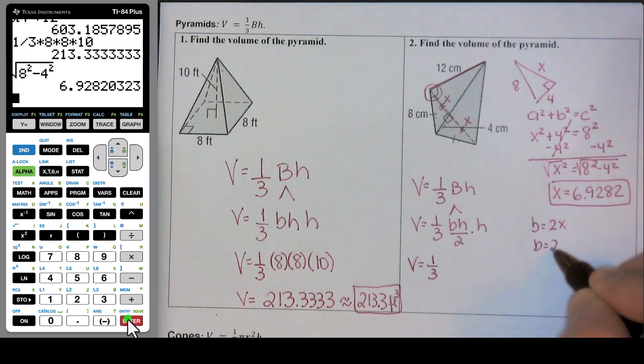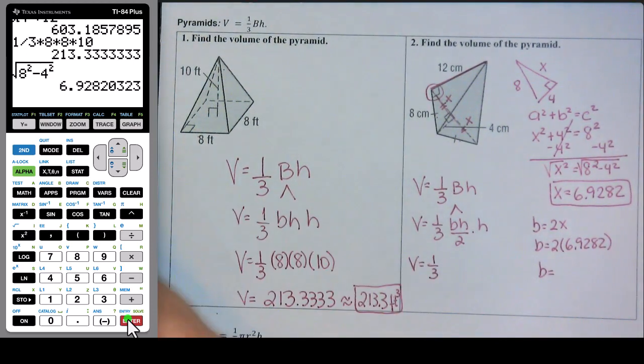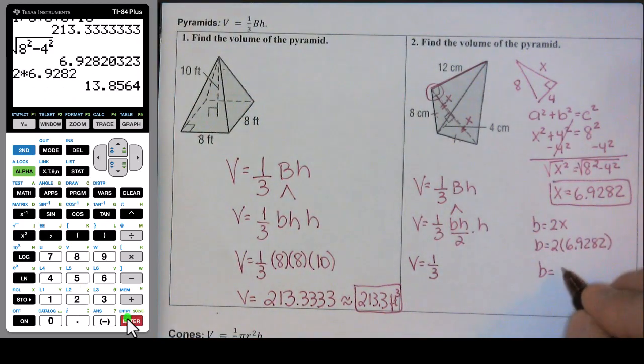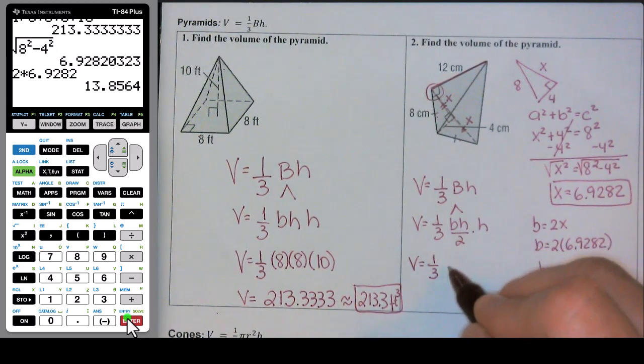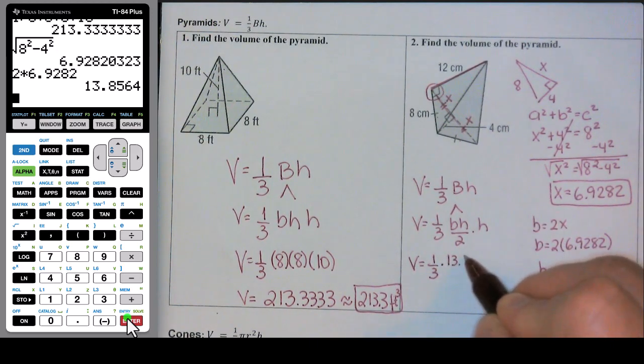So it would be 2 times 6.9282, which is 13.8564. So the base of the triangle is 13.8564.